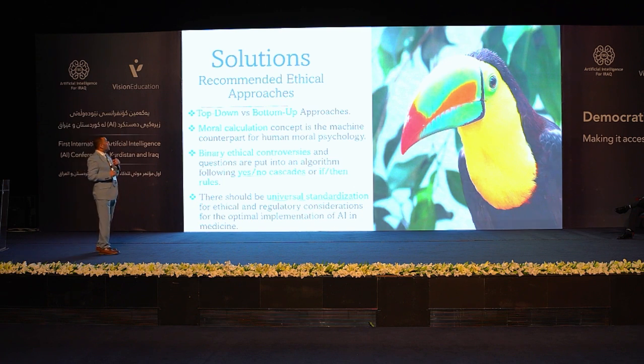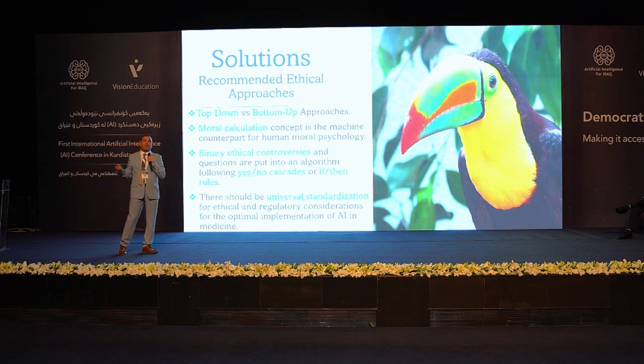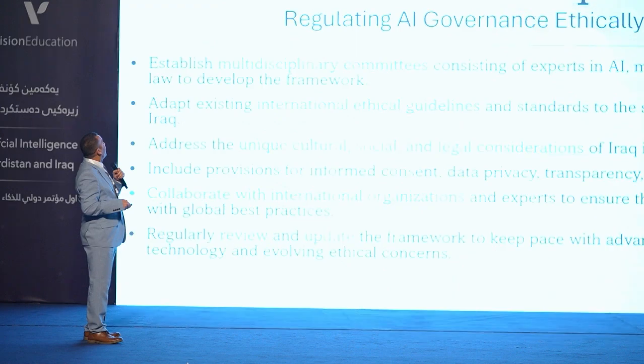The moral calculation is a concept about using the machine to calculate the ethical product. There are a lot of controversies, whether ethics are binary or a spectrum. I know this is jargon, but it needs time to be delivered.